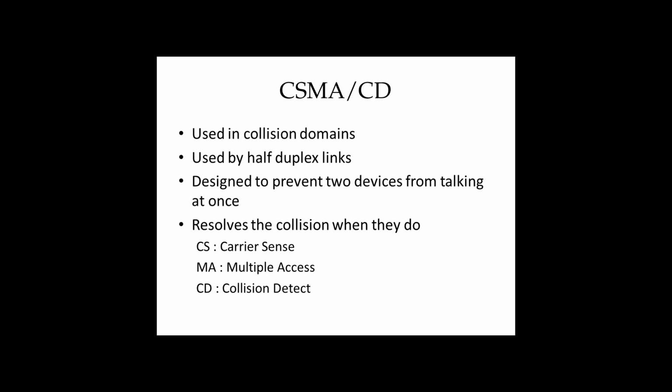Once that collision occurs, the two sending devices know that a collision has occurred, and so they send a jamming signal to all other devices on that network, which basically tells everybody to stop transmitting. Then each one of those devices will independently determine a random back-off time.